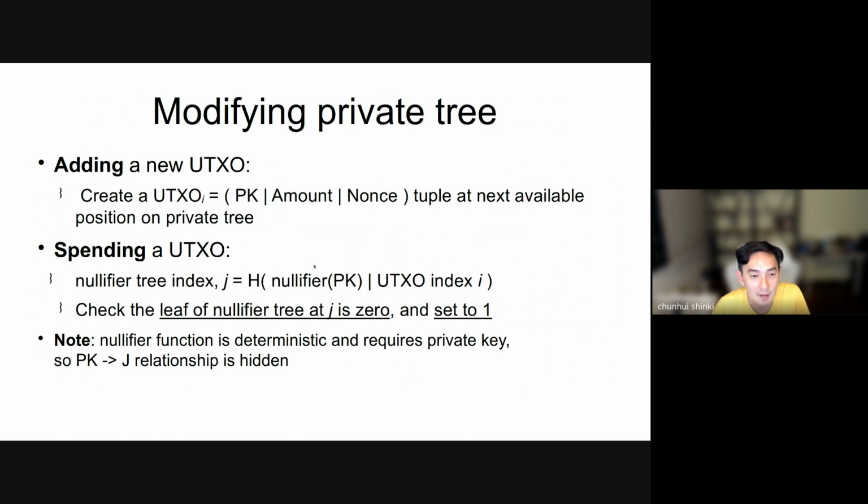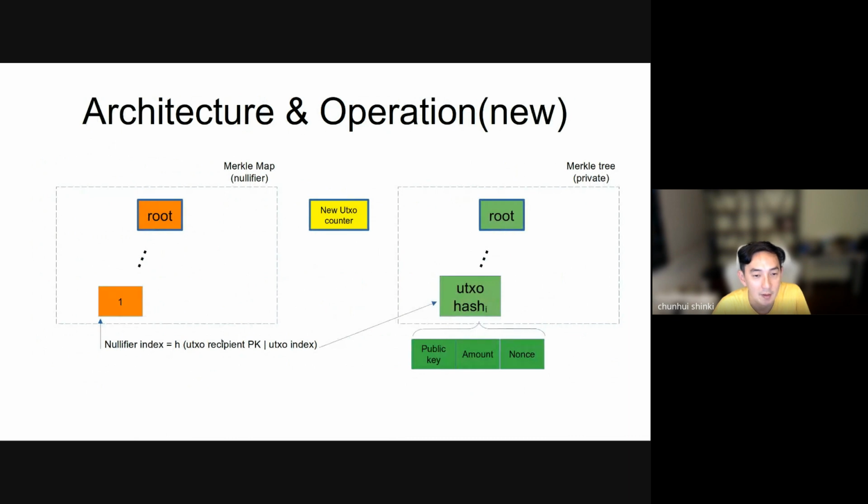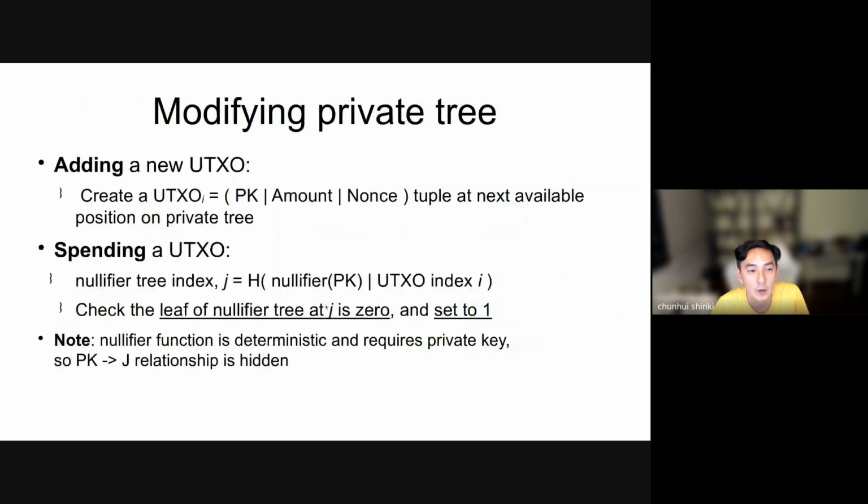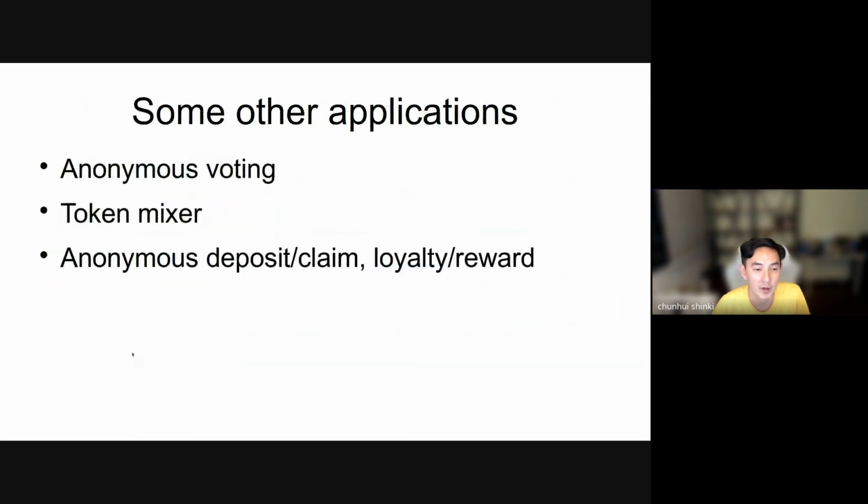But anyway, I think this one is correct, where you calculate the nullifier based on the public key and the UTXO index, which gives you this specific location. So the smart contract will verify that the leaf node at that specific location J is 0. And only if it's 0, you will set it to 1. And this action spends a UTXO.